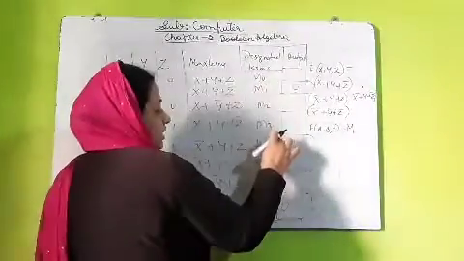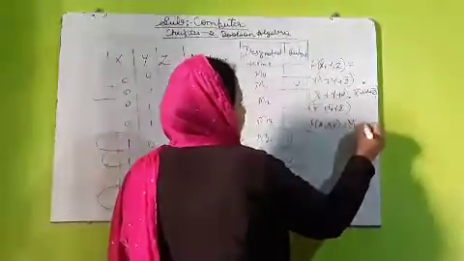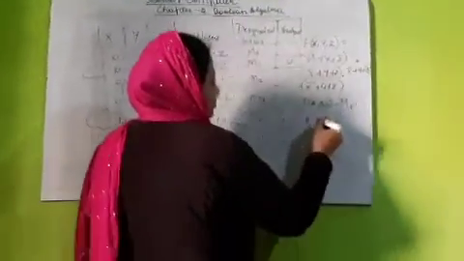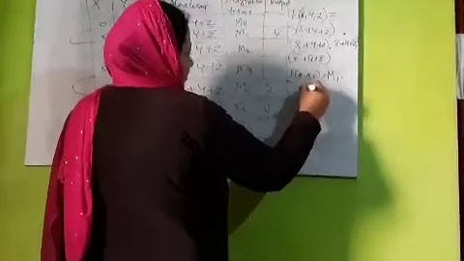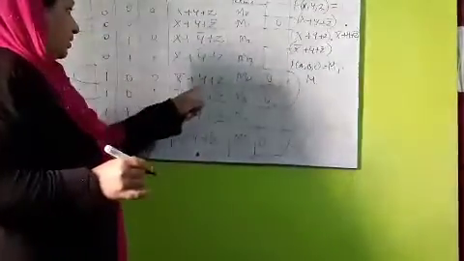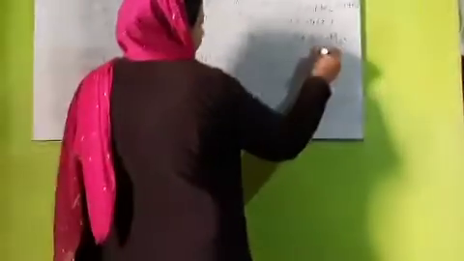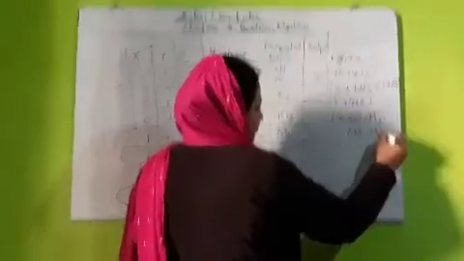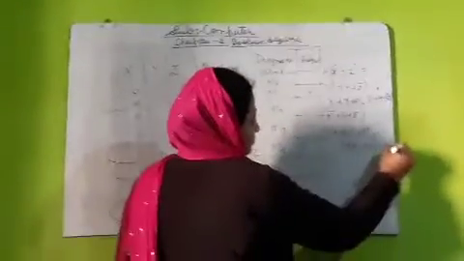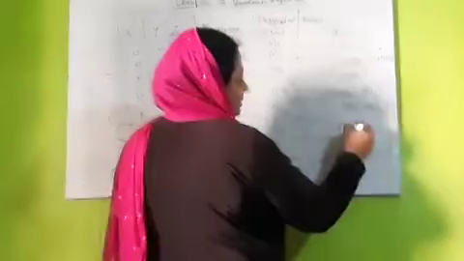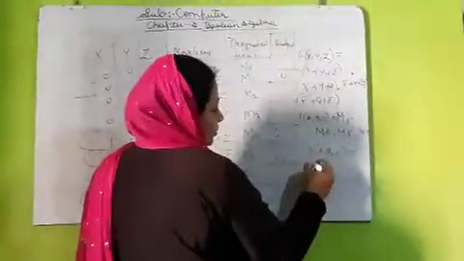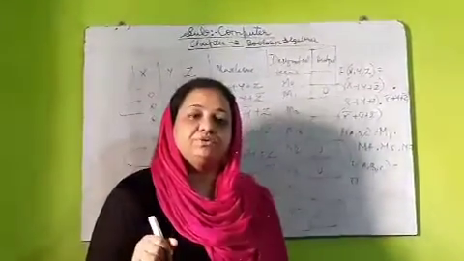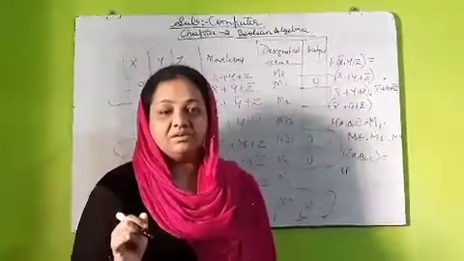The designated terms are m1, m4, m5, m7: m1 ANDed with m4 and then m5, m7. f of x comma y comma z is equal to, for SOP we will be using sigma.